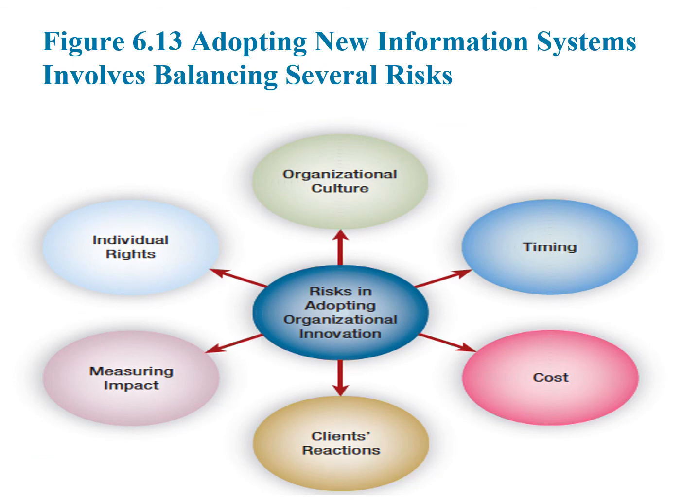So this figure summarizes those risks related to the process of adopting organizational innovation or a new information system: organizational culture, timing, cost, client reaction, measurement, impact of agile modeling, and individual rights, either the analysts or the programmers.